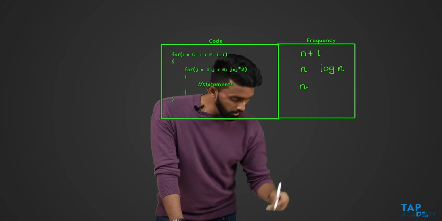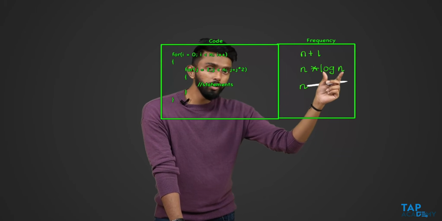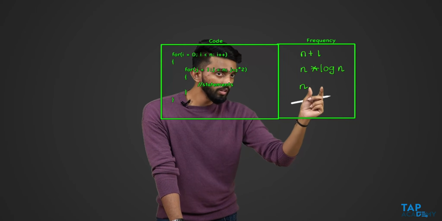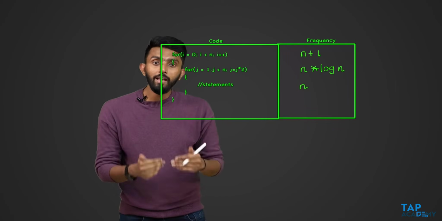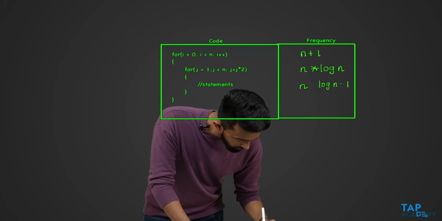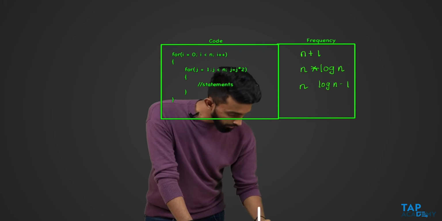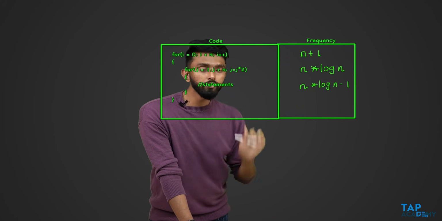Whenever you have two terms, in between you must apply multiplication. If this is going to execute log n times, don't you think this statement inside it is going to execute 1 time lesser, which means I can tell log n minus 1. And whenever there are two terms, put a star in between, or multiplication, and add all of them together.